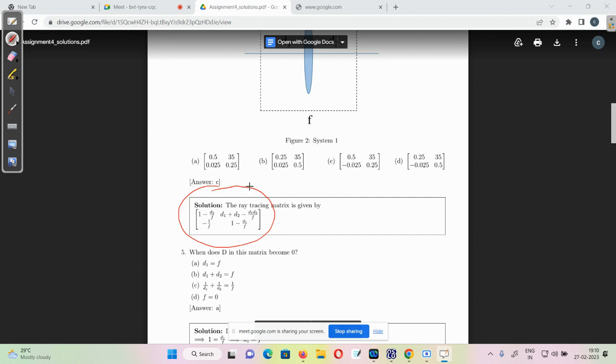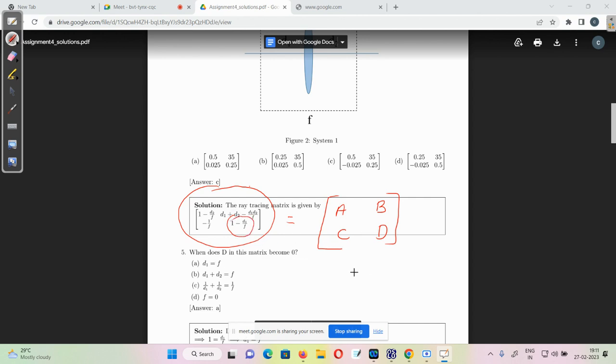Now you already know this is the situation. 1 minus d2 by f, d1 plus d2 minus d1 d2 by f, minus 1 by f, and 1 minus d1 by f. These are the four elements, and this is equivalent to the ABCD matrix, A, B, C, and D. Now see, when does this D element become 0? Corresponding to D, this is the value.